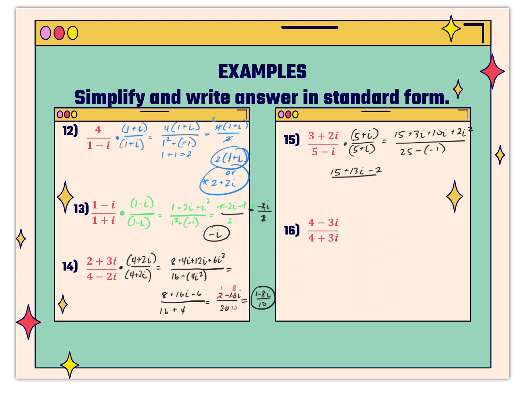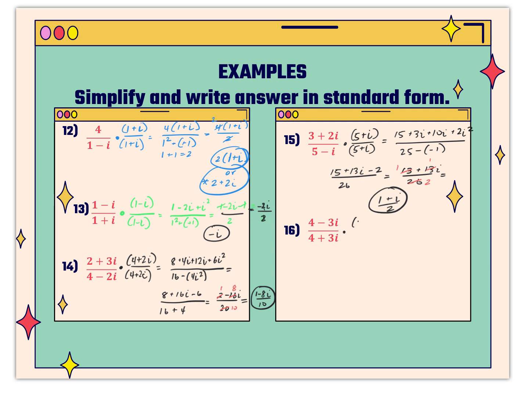My denominator becomes 26. My numerator, again, I can continue to simplify a little more: 13 plus 13i all over 26. And again, they all share a 13. So if I divide that out, I get a much simpler answer. It's going to be 1 plus i over 2. That's my final answer. And I'm going to do this last one.